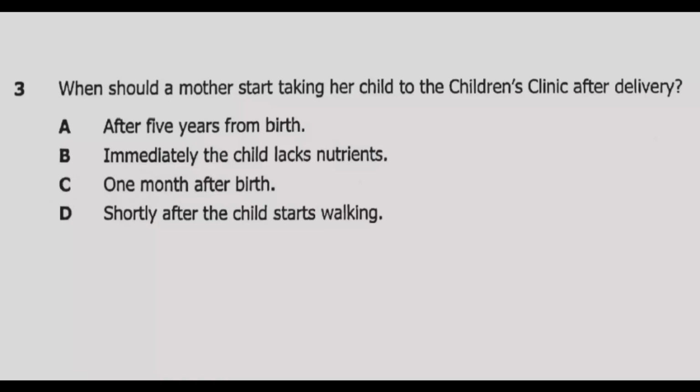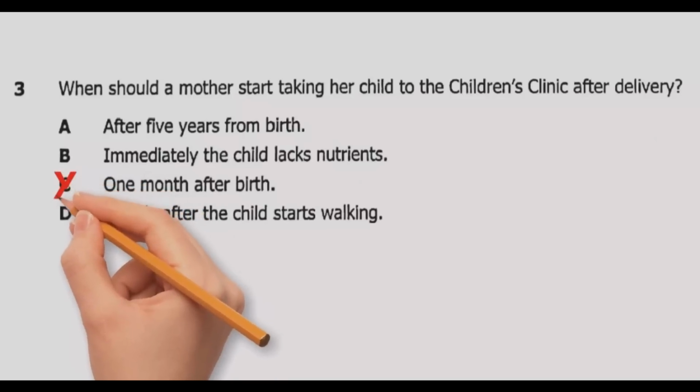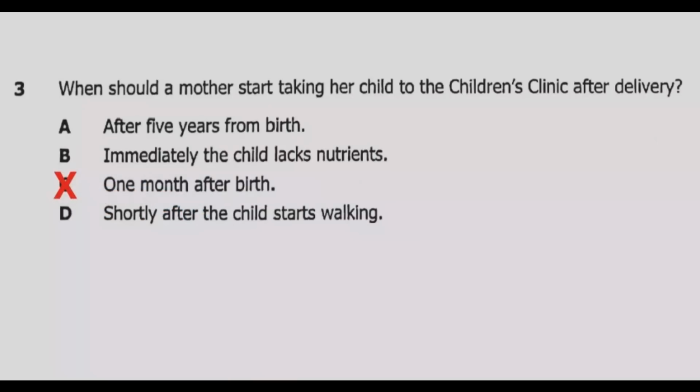No, the correct answer is C. However, A is saying after 5 years from birth, that is when you stop taking the child to the children's clinic. So if a child reaches 5 years, then you stop taking the child every month to the children's clinic. So the correct answer is C, 1 month after birth.